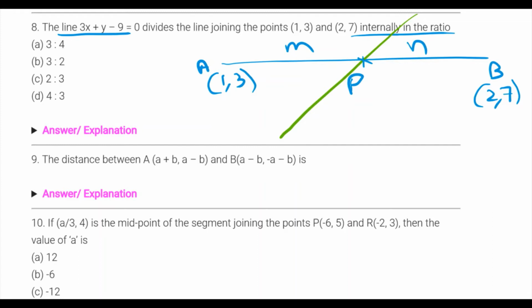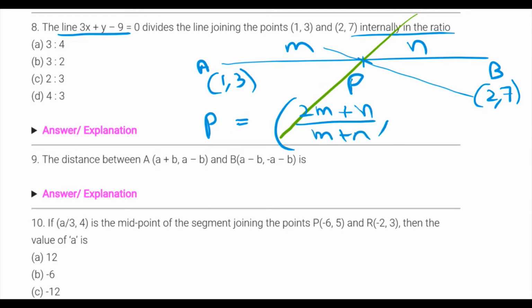The formula for P from the section formula is P equals to m into x2, so 2m, plus n into x1, so n into 1 is n, by m plus n, comma, m into y2 is 7m, plus n into y1 is n into 3, which is 3n, by m plus n.